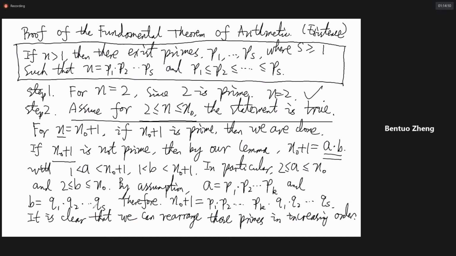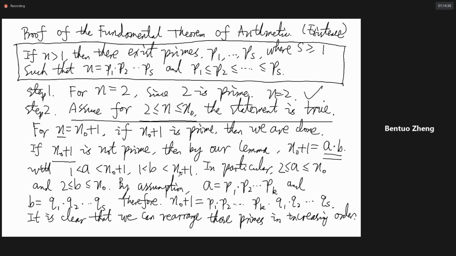Okay, so this finishes the proof of the existence. You can see that we first decompose n0 plus 1 as the product of two numbers greater than 1, then use the assumption that each component A or B can be written as a product of prime numbers.